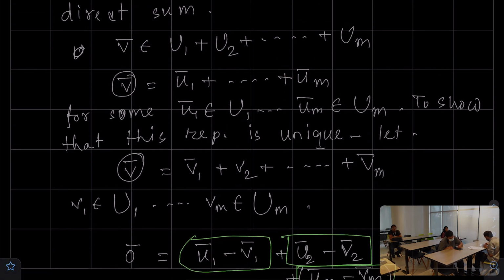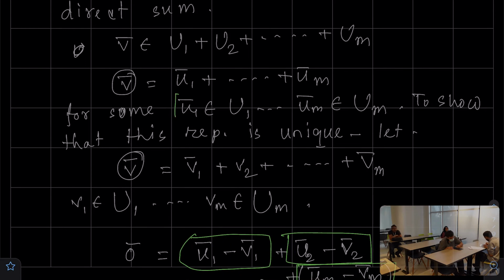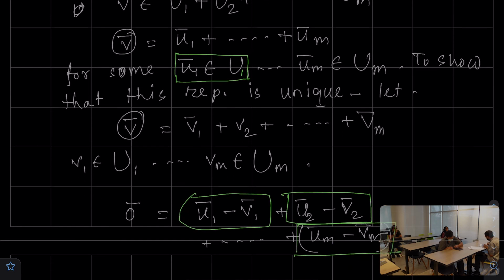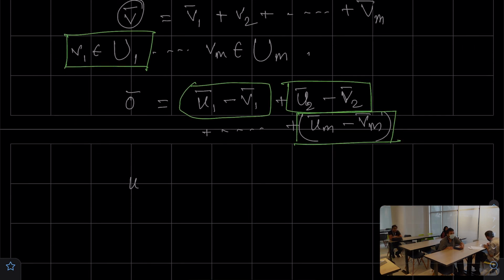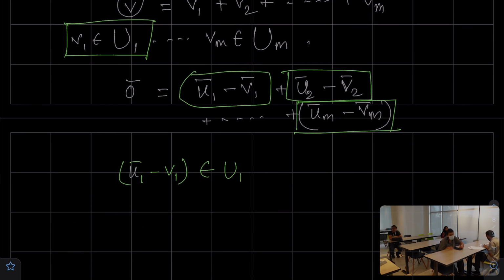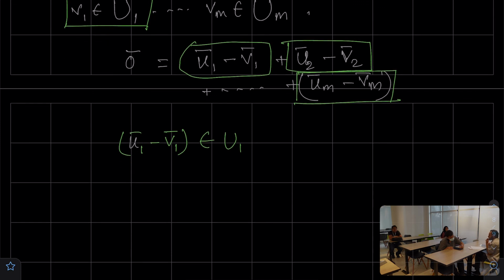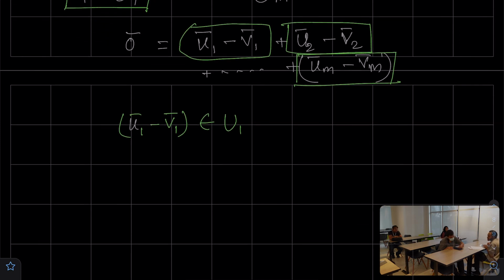So this is a case u1 and this. All these things like u1 minus v1, this vector belongs to what? u1, right? So that means the subtraction makes sense.